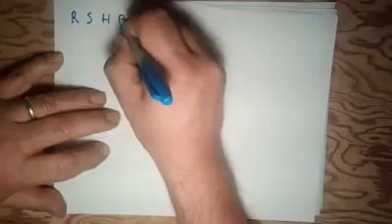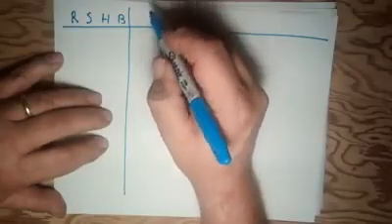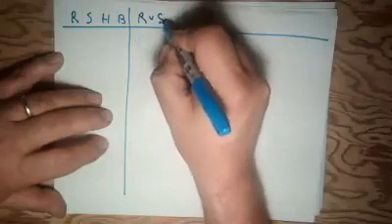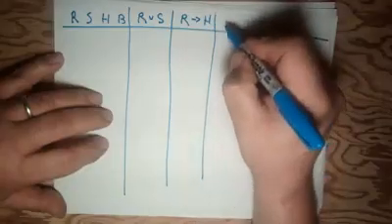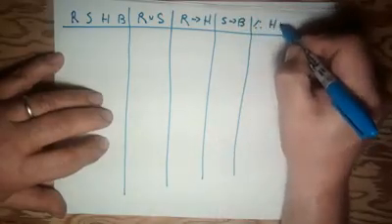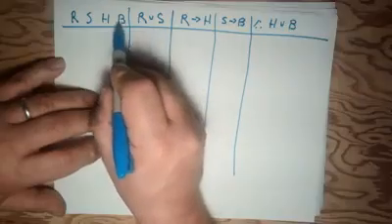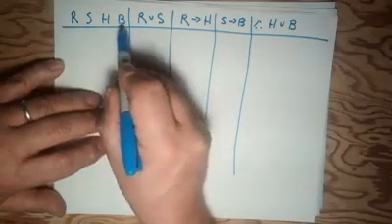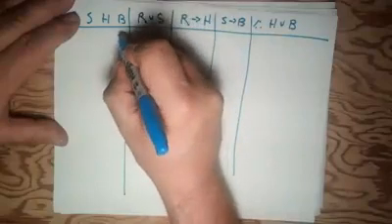And so we have R, S, H, and B. And then we have first premise R or S, second premise R then H, third premise S then B, conclusion H or B. We have 4 variables, and so we need 2, 4, 8, 16 rows on this truth table. This is quite an undertaking we're about to embark on here.